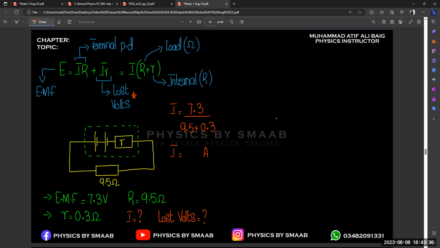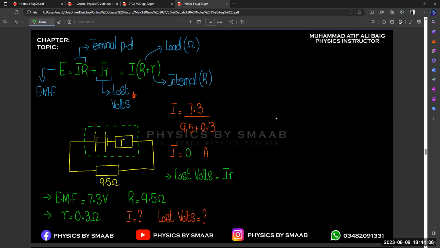So it is up to you which way to calculate the lost volts. This is also simple, and if you want to go with your method, that is also right. You will get the same answer, 0.2.